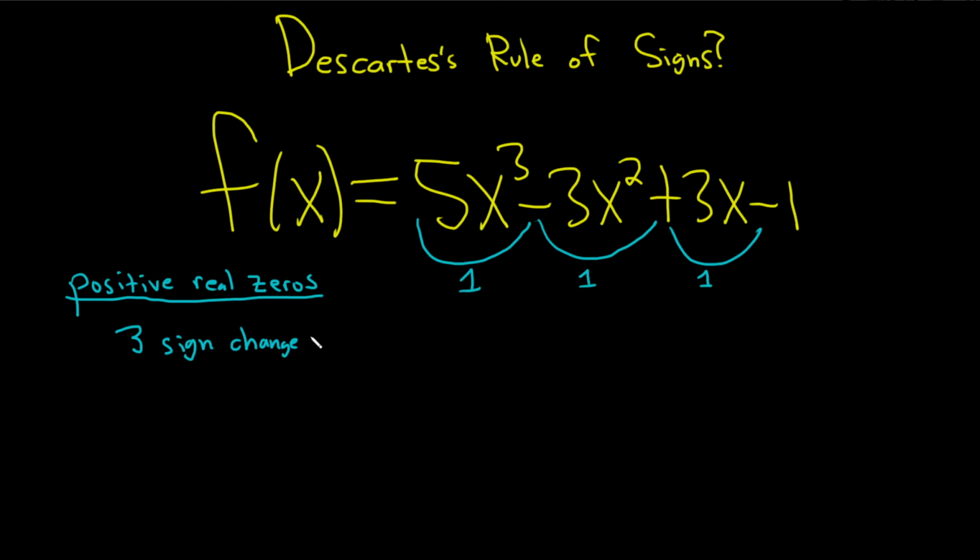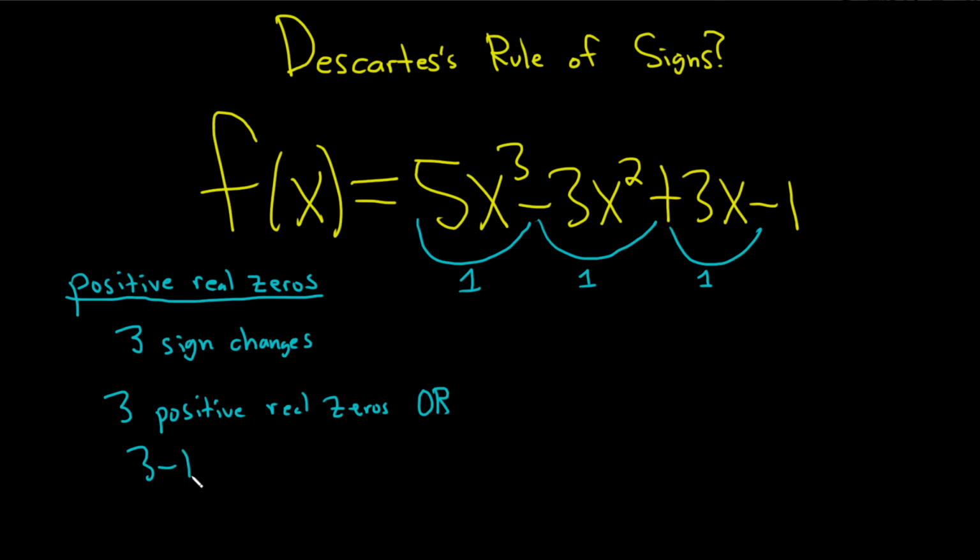And so Descartes' rule of signs says that whenever you have 3 sign changes in f of x, that means you're going to have 3 positive real zeros or 3 minus a positive even integer. So the only even integer you can subtract here is 2, because you can't subtract more than that, then you would get negatives.